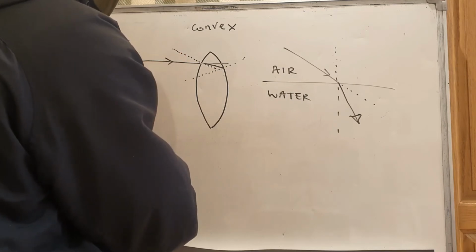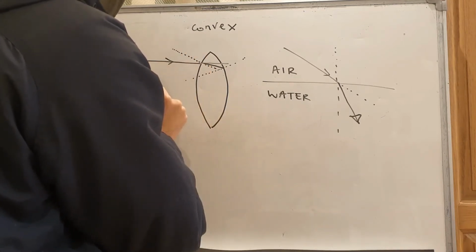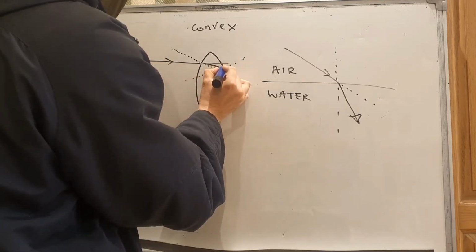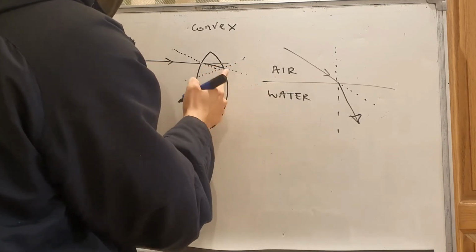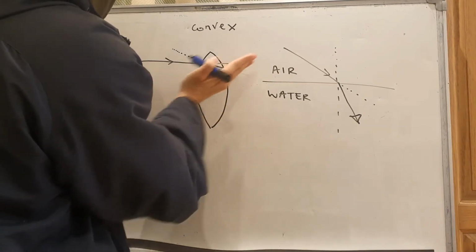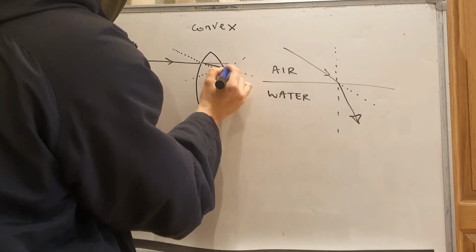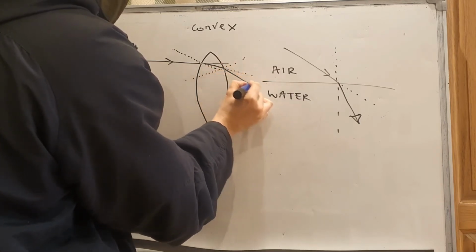Is that correct? No, because this is glass and it's going into air, so it's going away from the normal. So normally it would go like this. However, because it's going more away from the normal, so rather than going upwards, it will go down. So it would have passed through a straight line, so it would have gone more down.